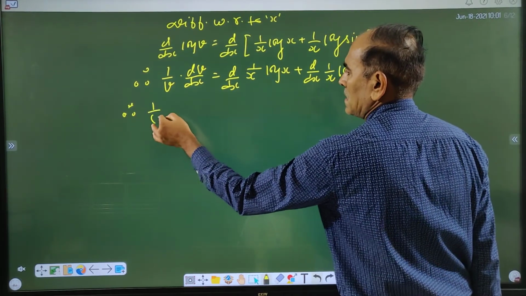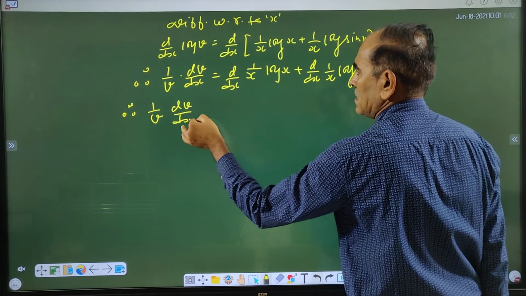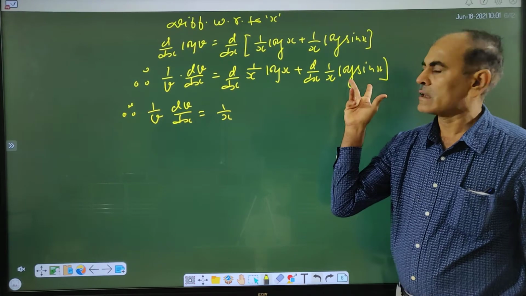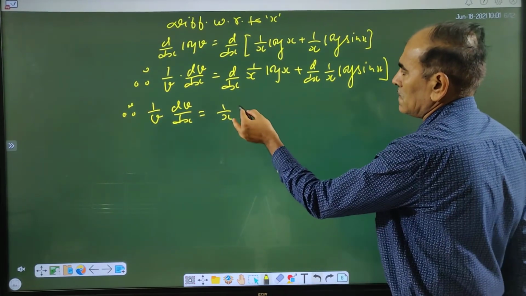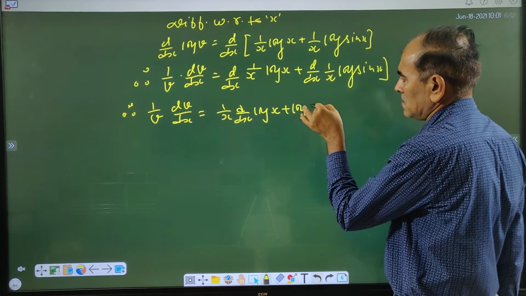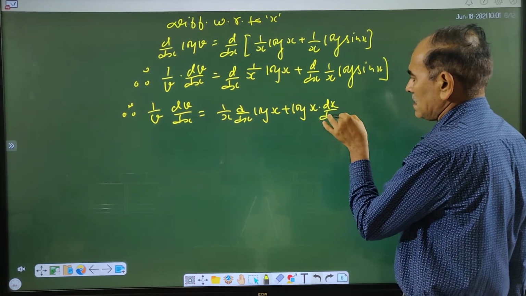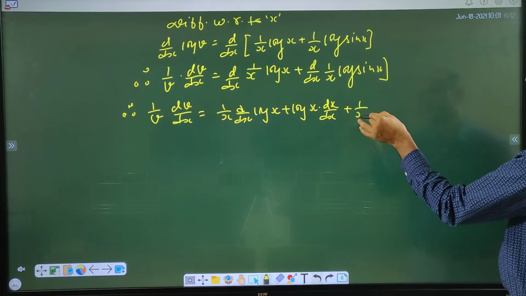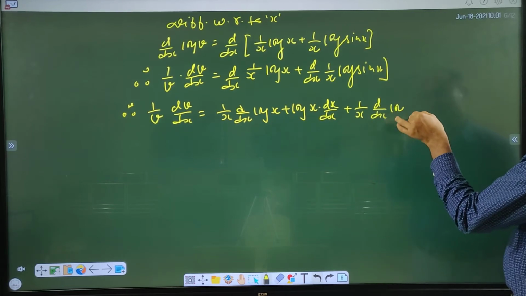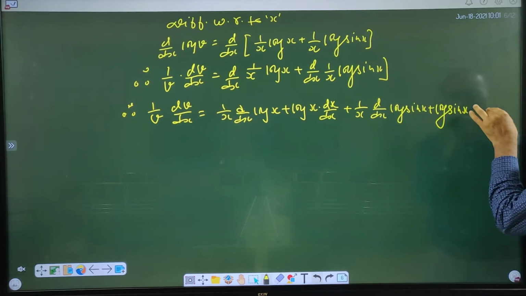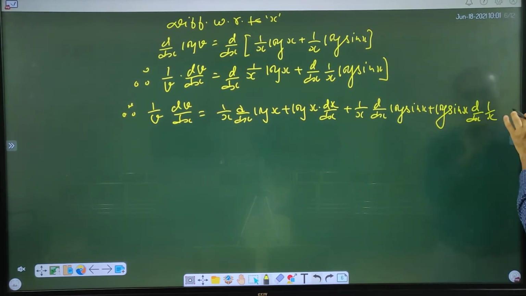And therefore 1 by v dv by dx is equal to product rule. Here also product rule and here also product rule. 1 by x d by dx of log x plus log x into d by dx of 1 by x, plus 1 by x as it is, d by dx of log sin x, plus log sin x as it is, d by dx of 1 by x. Okay.